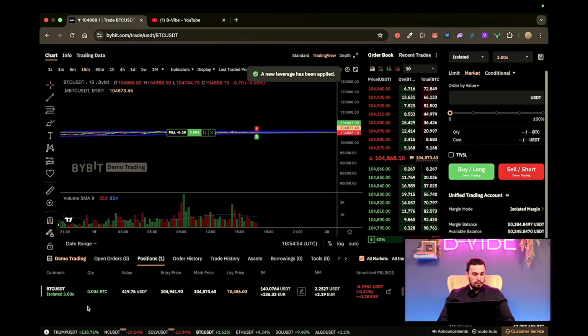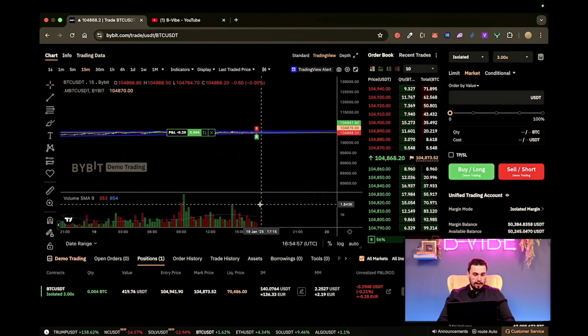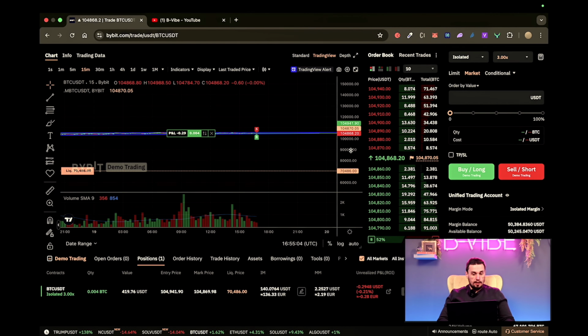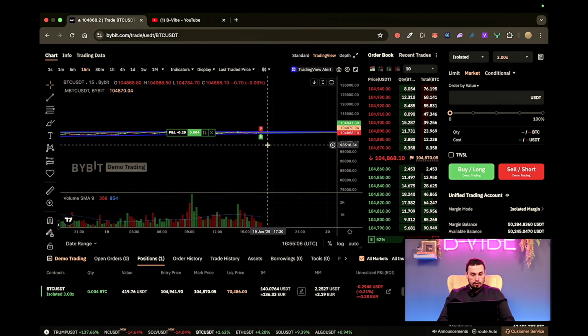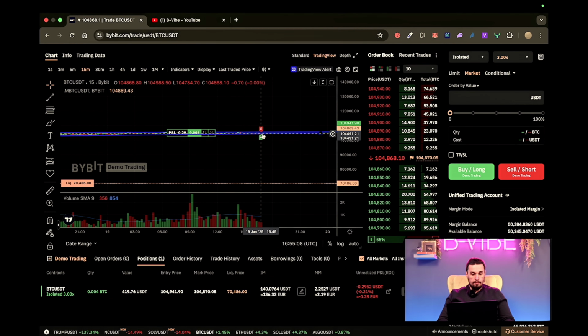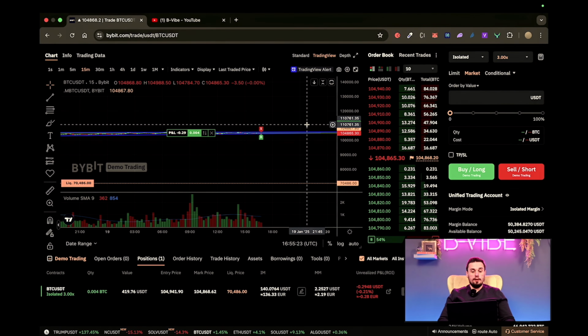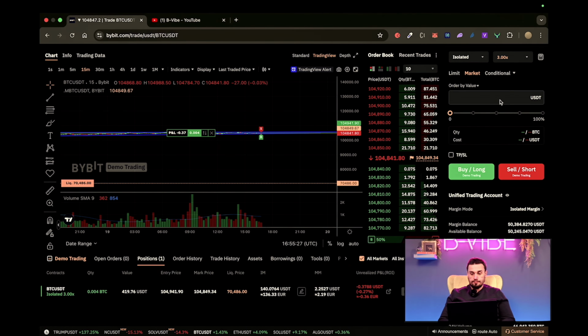It will switch from 5x to 3x, and now you can see that the liquidation price is not 84,000 anymore. It's 70,000. If the price continues to go down, you now have more space to the downside and won't be kicked out of your trade. Once you see that the price recovers and starts to go up again, then you can increase your leverage.